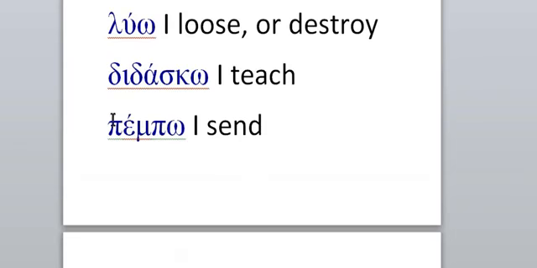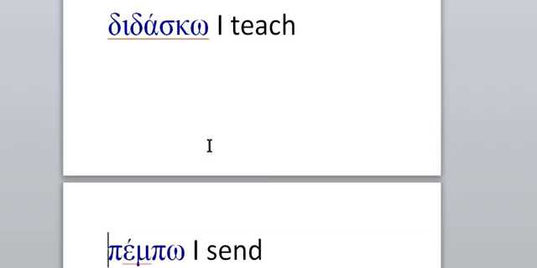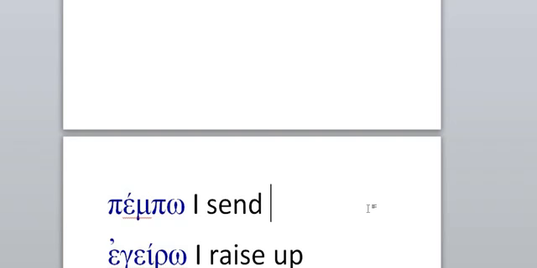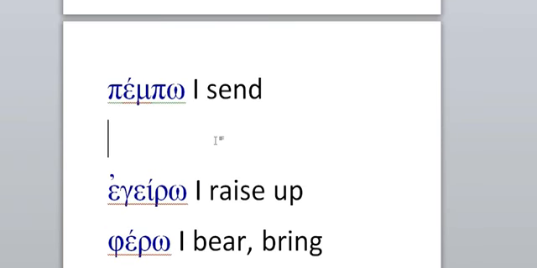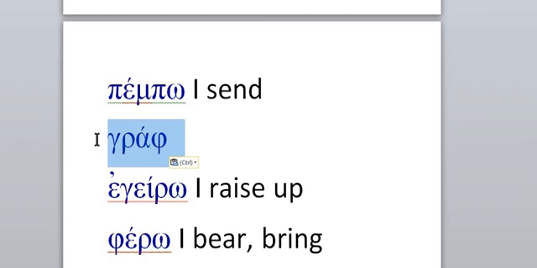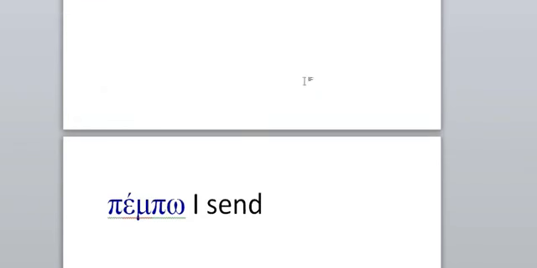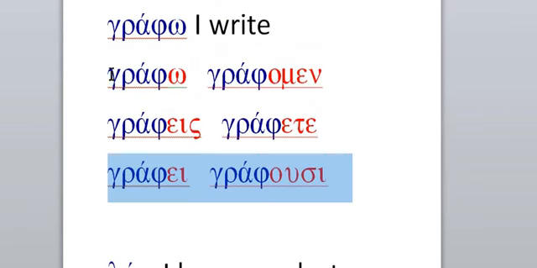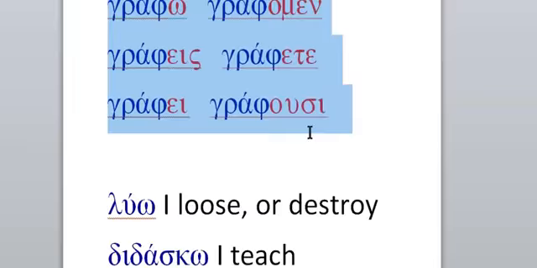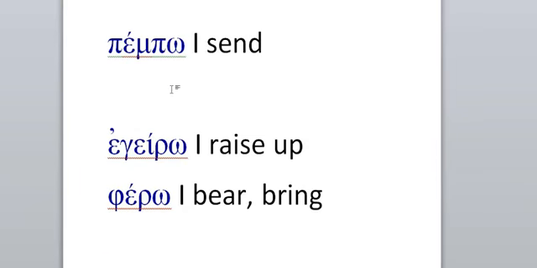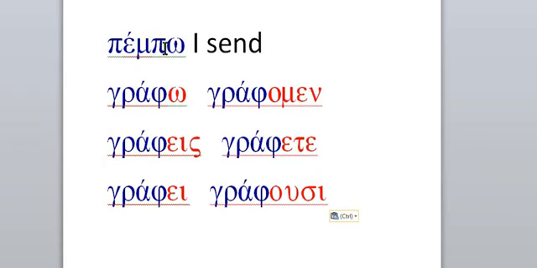Okay, if you are doing the same thing with another one, let's take pempo. Let's bring pempo to the next page, and then we will write this one. Let's take from here. Okay, this is the stem of the verb. So we take the stem and add here.